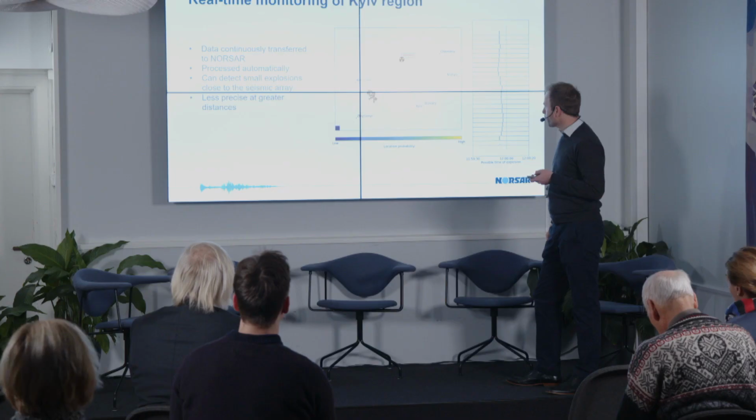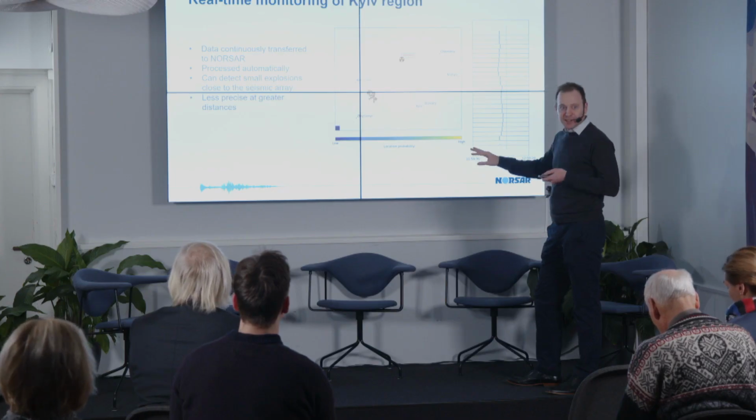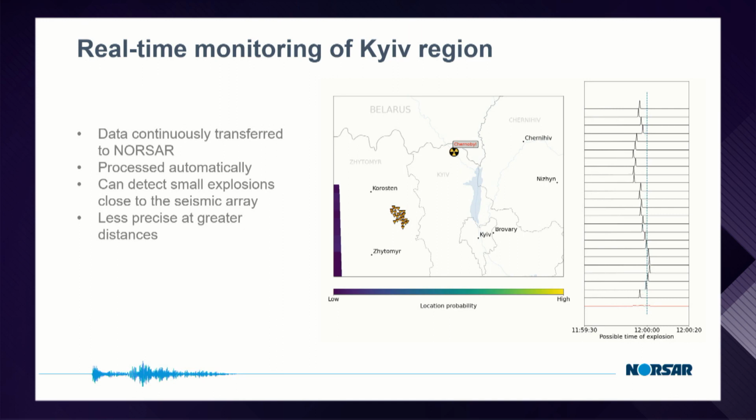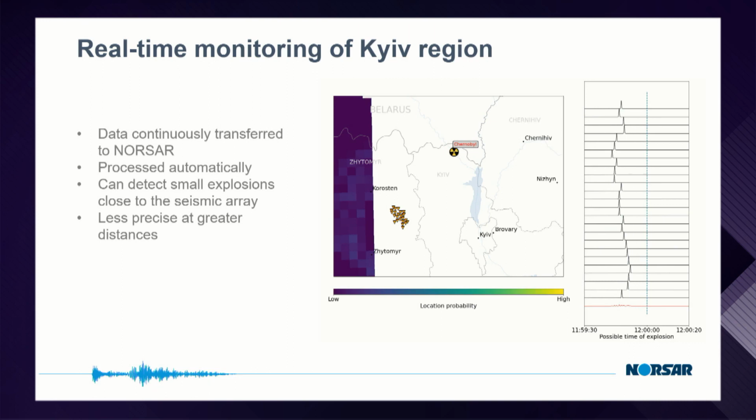We've implemented a new algorithm just for this region using these sensors, and we can see what we get. This is a bit technical, but I think it's quite fun because it shows how the actual algorithm works. Essentially, for every single point in time, we scan through space and search for where the energy that we record is coming from.